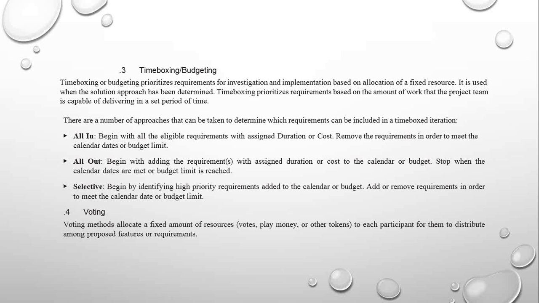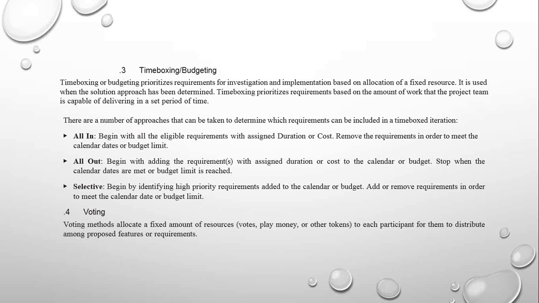Then there are a number of approaches that can be taken to determine which requirements can be included in a time-boxed iteration. Number one: all in, all out, or selective.